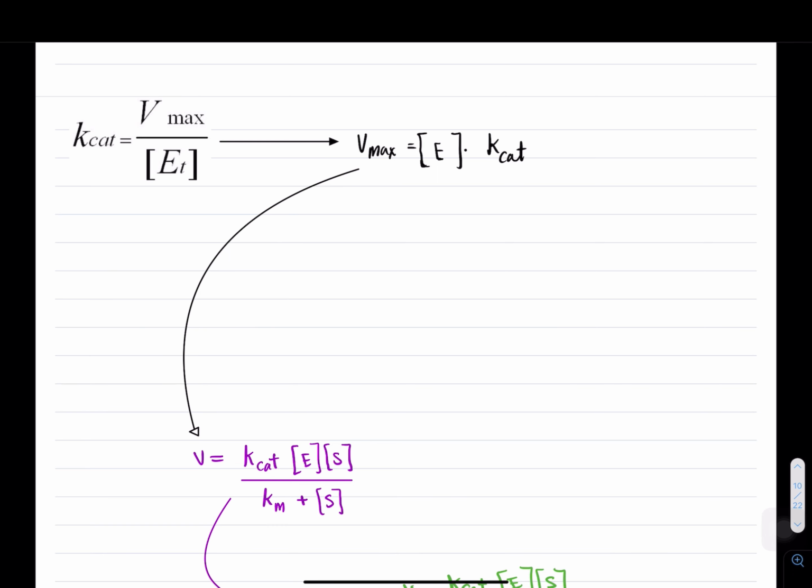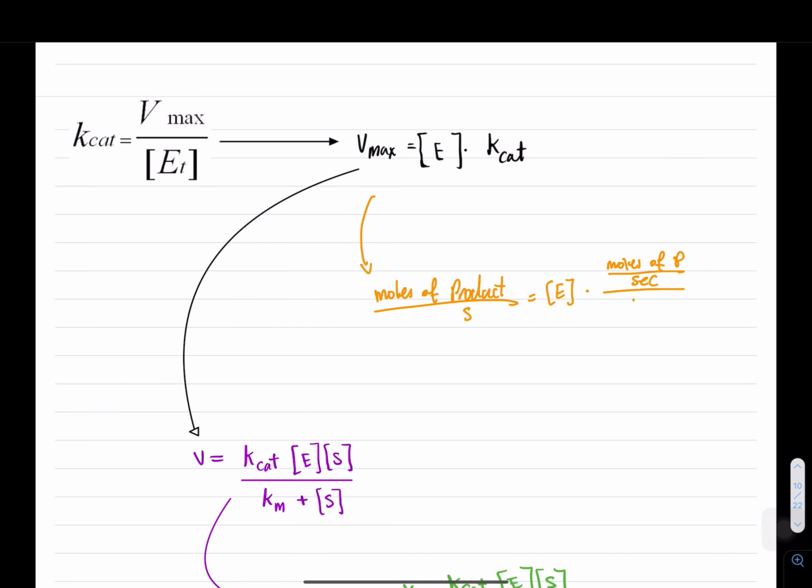Let me expand this equation for you because it's kind of hard to fully understand it. Vmax is moles of product per second, which equals the moles of enzyme times kcat, which is moles of product per second over moles of enzyme.